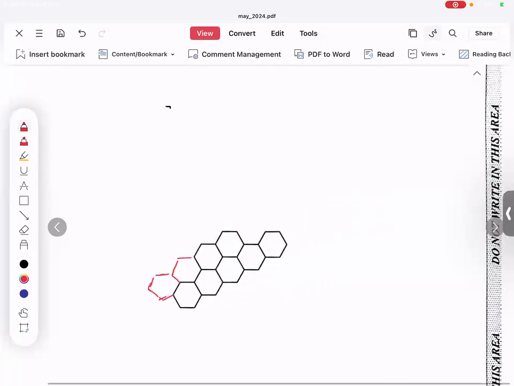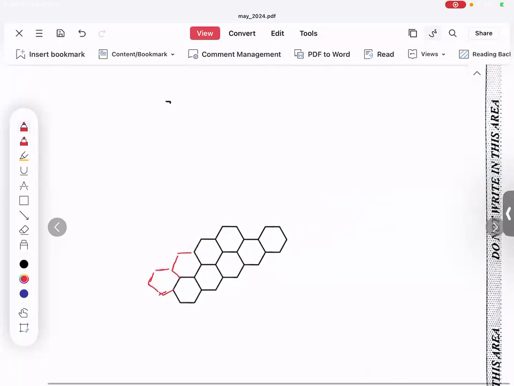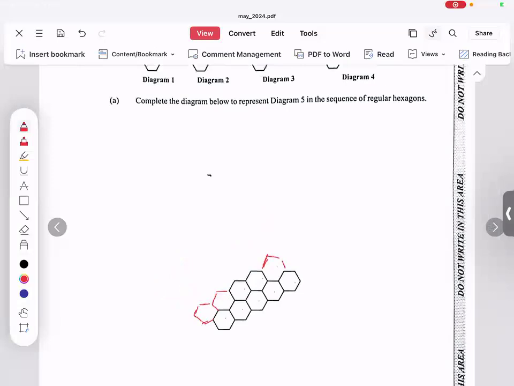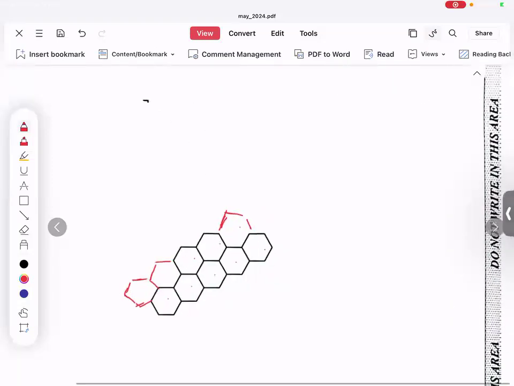So that's 4, then we're going to have 1, 2, 3, 4, 5, 6. Something like that. So how many hexagons is this now? 1, 2, 3, 4, 5, 6, 7, 8, 9, 10. One more hexagon is needed.